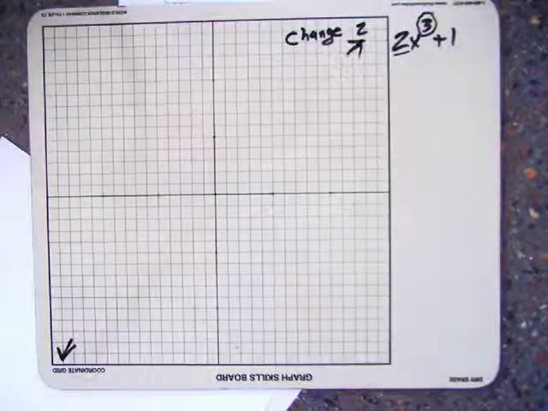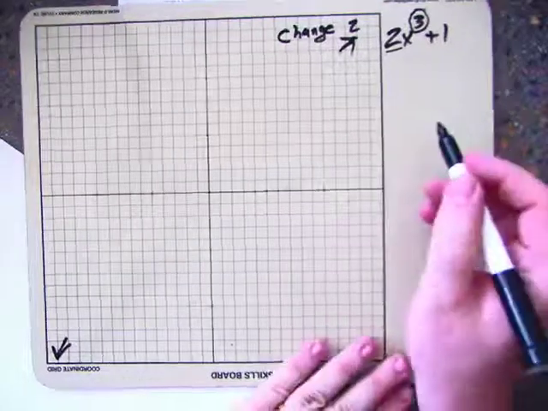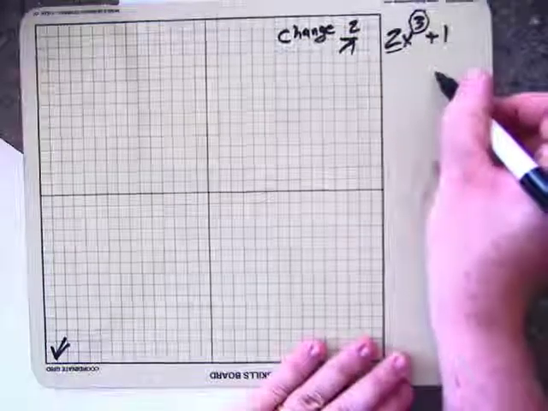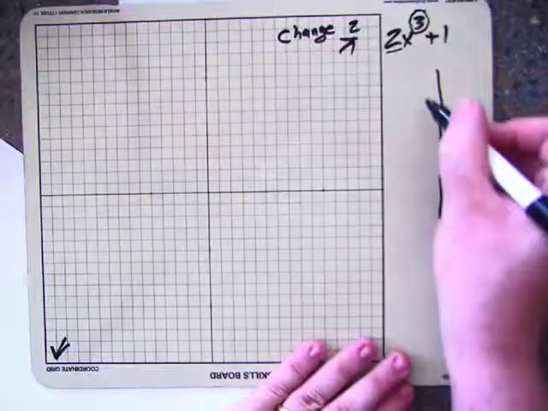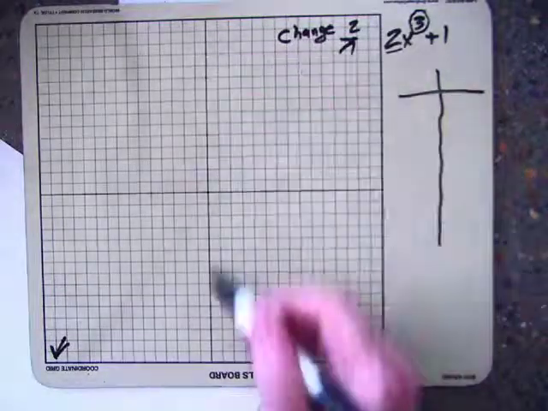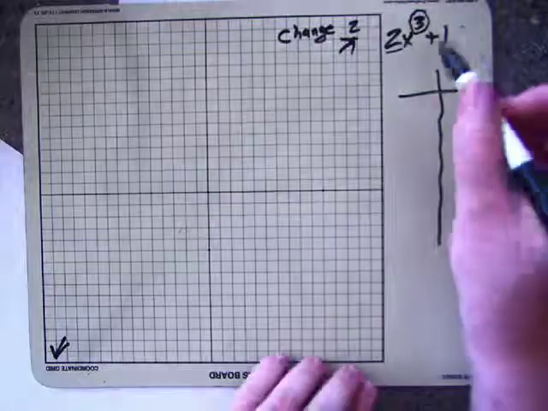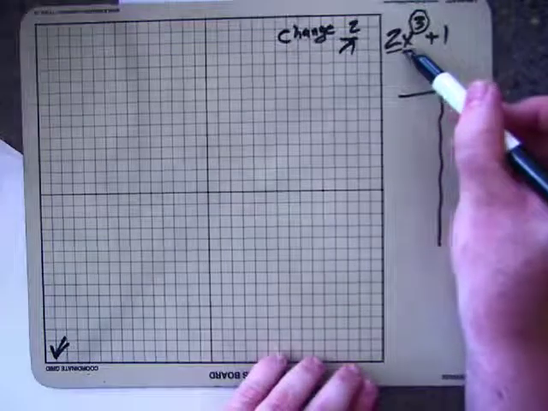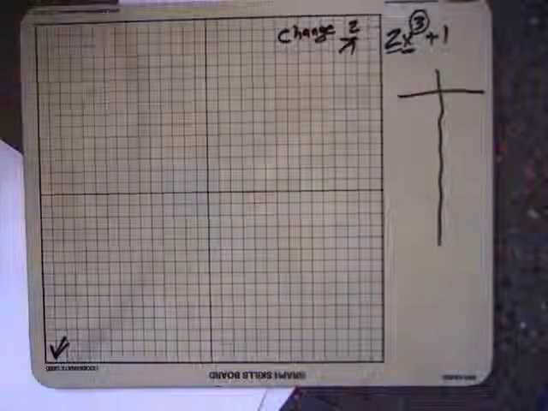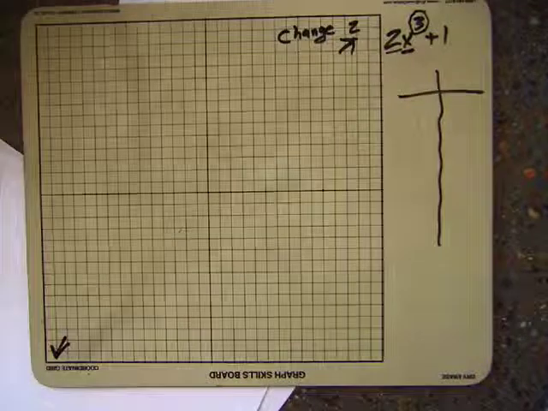Okay, well now, what do we have to do to figure out where it graphs? All right, well, the first step we want to know is where it crosses the y-axis. When it crosses the y-axis, that x has to be 0. So when x is 0, what is the rest of it?